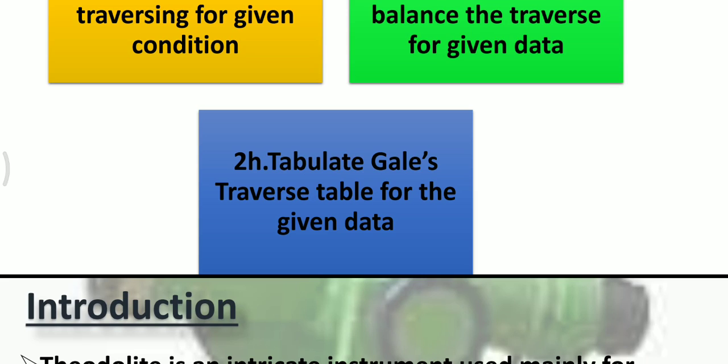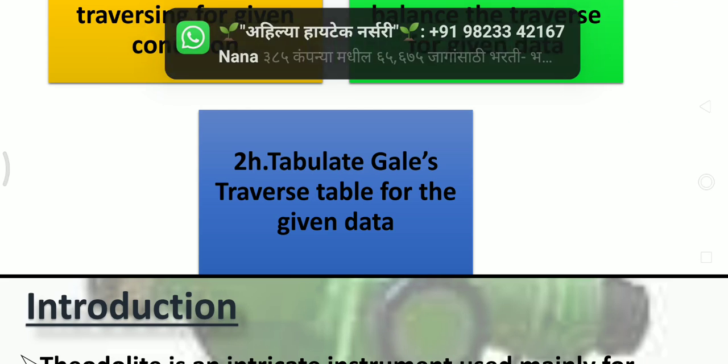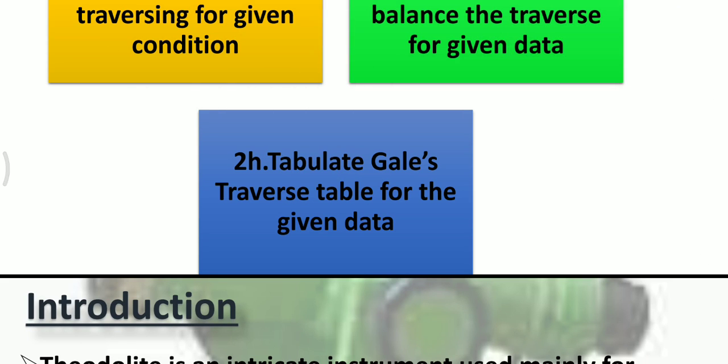When we study unit number 2, theodolite traversing, we are able to understand the Gale's traverse table of the given traverse. That means when we plot the traverse on a sheet, it is plotted with the help of coordinates of this traverse.